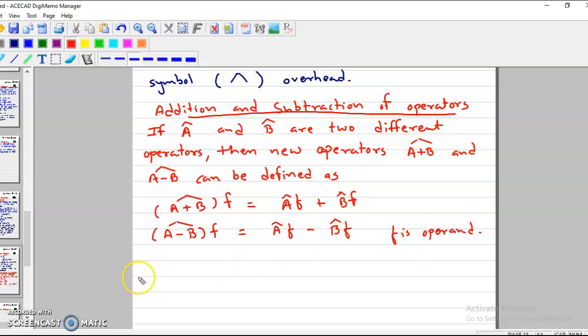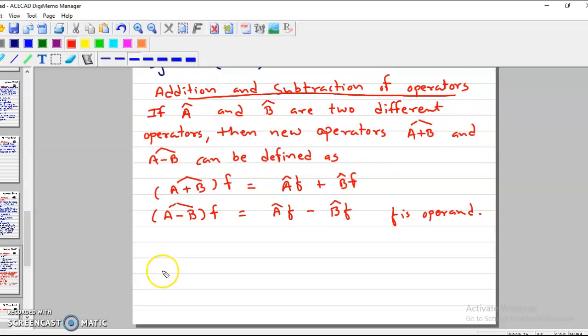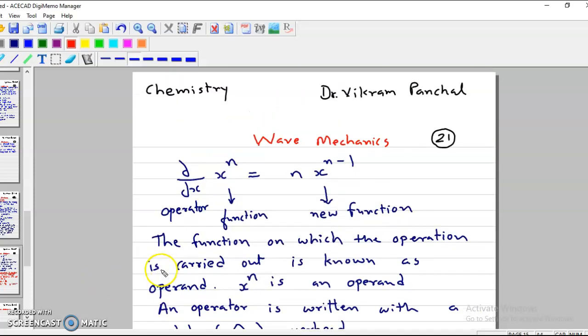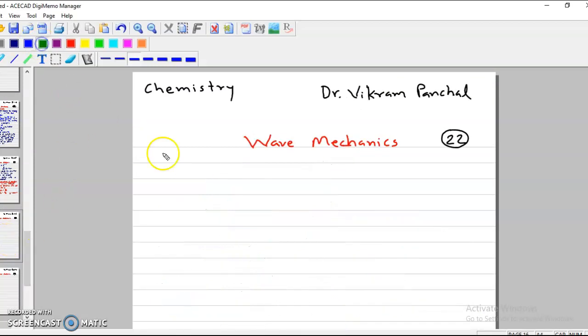Now we will see multiplication of operators. Consecutive operations with two or more operators on a function may be called multiplication of operators.